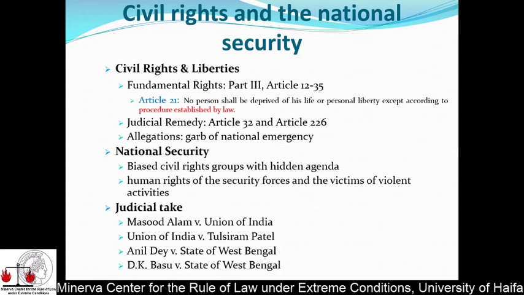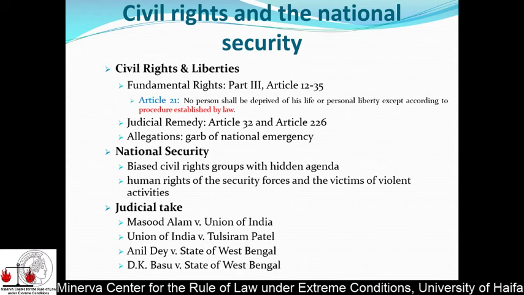And that procedure, as has been held in the Maneka Gandhi case, where the court specifically mentioned that whichever law provides any procedure for that purpose, that procedure should be fair and reasonable.